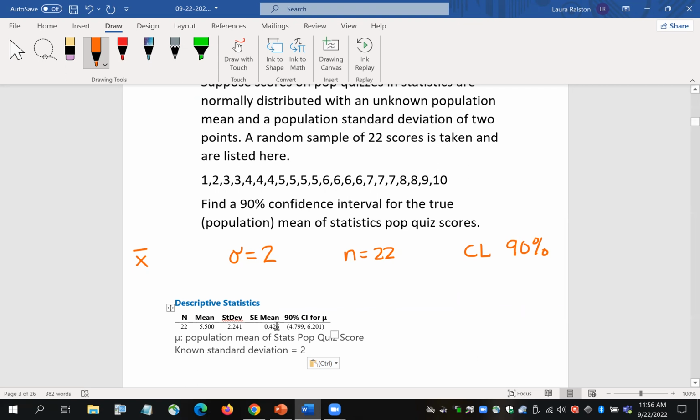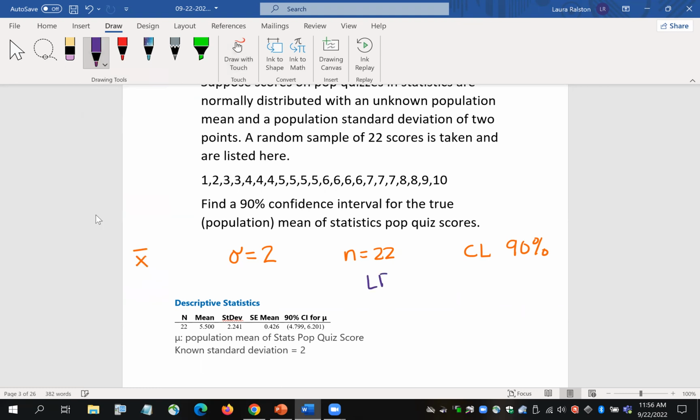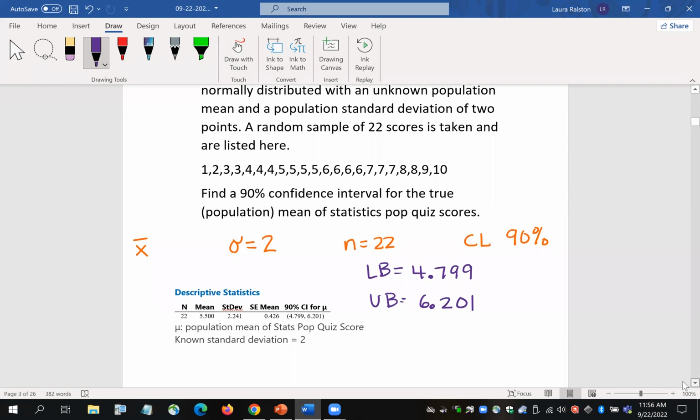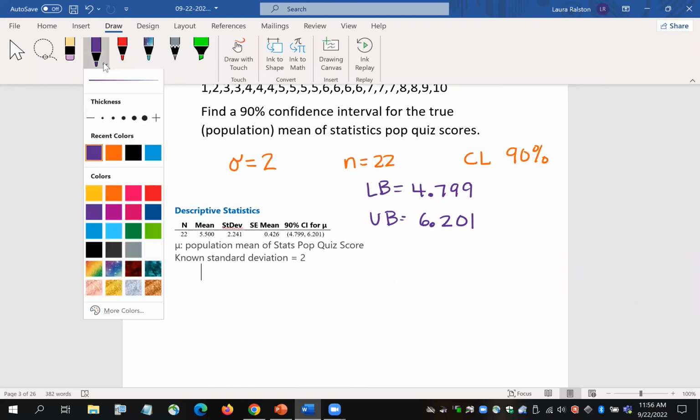So at the end of this, I can see that my lower bound is 4.799. The upper bound is 6.201. I need to find the error bound for the population mean.